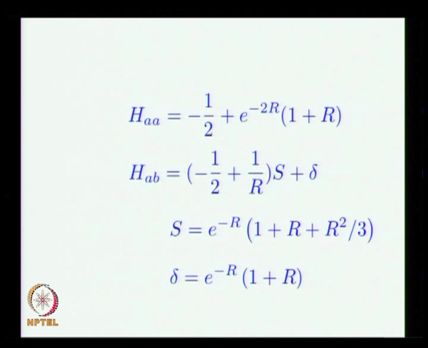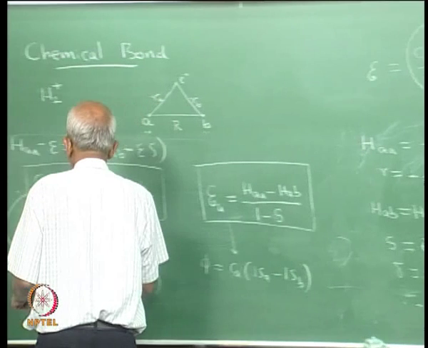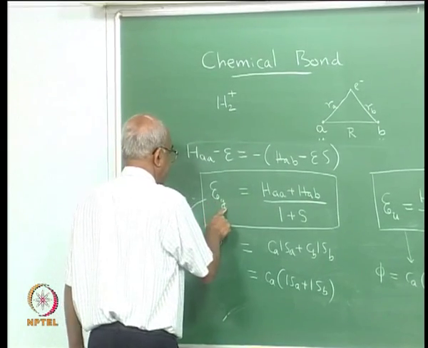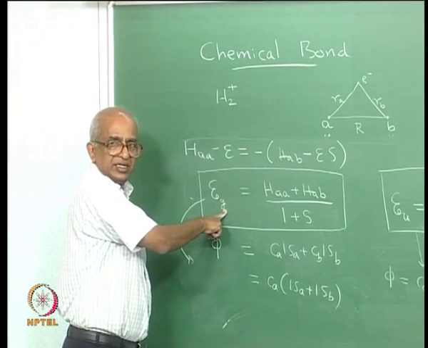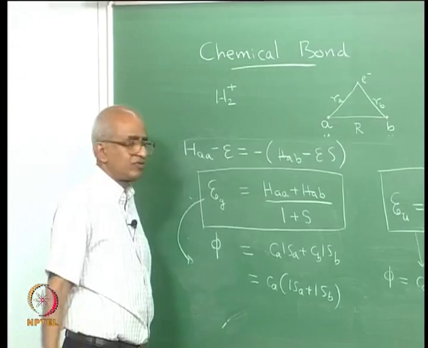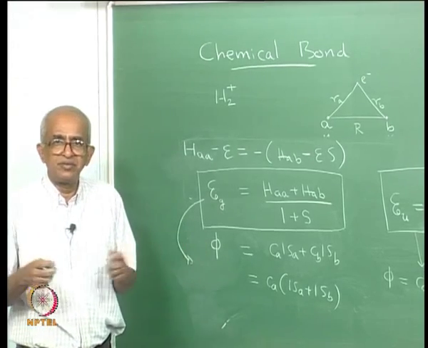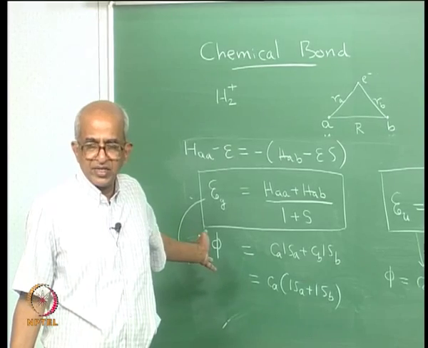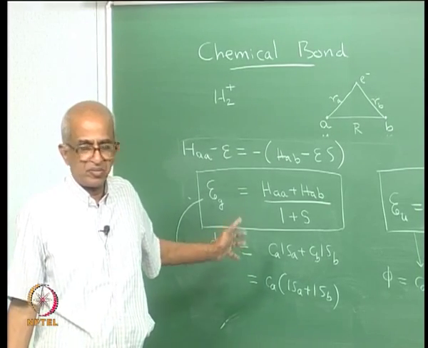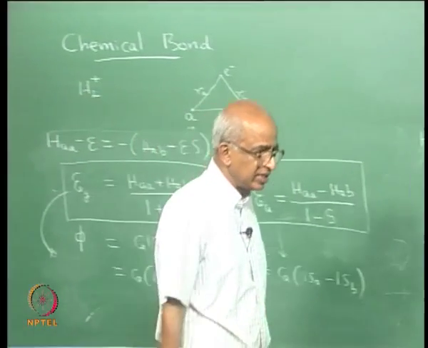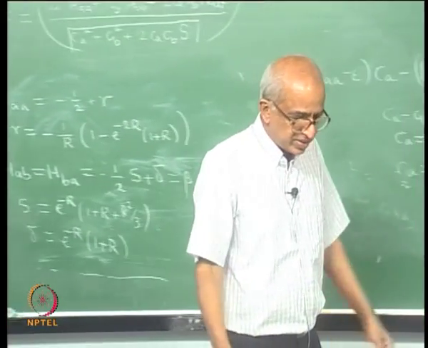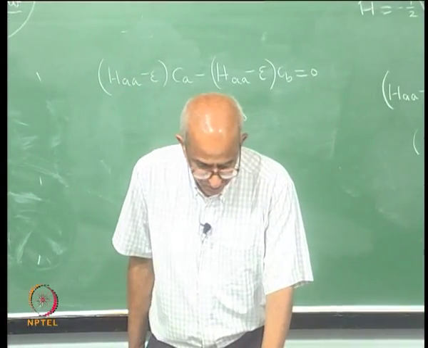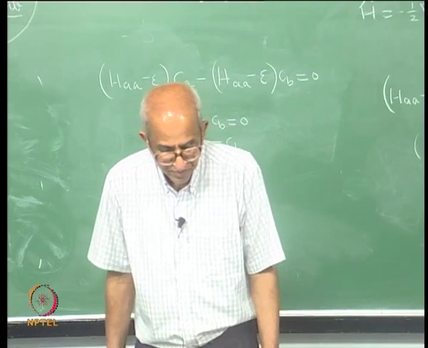So, if I used these expressions in here, I would have Eg as a function of the internuclear distance, and once I get that, I can plot this energy against capital R, and that is what is done in my Mathematica file, which you will see in a second.